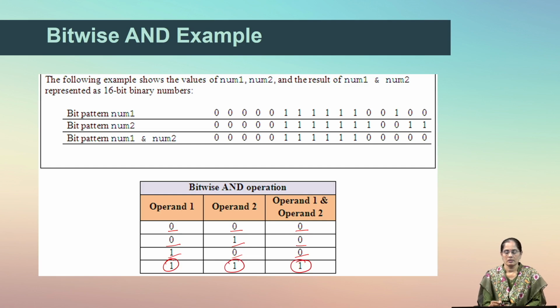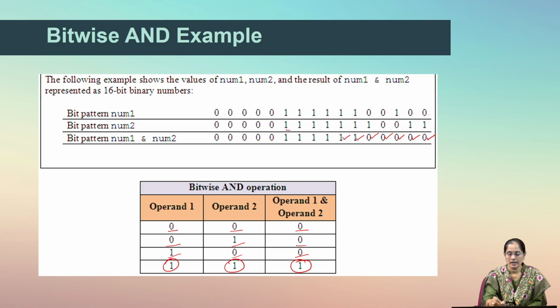On applying this rule, this truth table, for the given example we can now evaluate that. We will start from the right hand side. 0 and 1 results in 0, 0 and 1 results in 0, 1 and 0 results in 0, 0 and 0 results in 0, 0 and 1 results in 0, 1 and 1 results in 1, 1 and 1 results in 1.